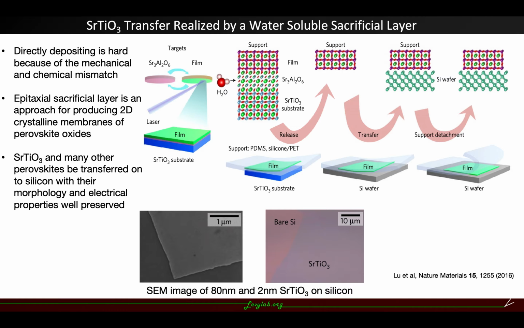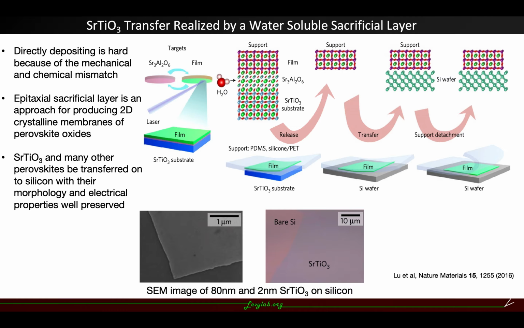They can achieve the transfer of SrTiO membrane as thin as 2 nanometers, and the chemical and structural properties of the SrTiO are well preserved during the transfer. Here we use a similar method to transfer the LaAlO-SrTiO heterostructure.